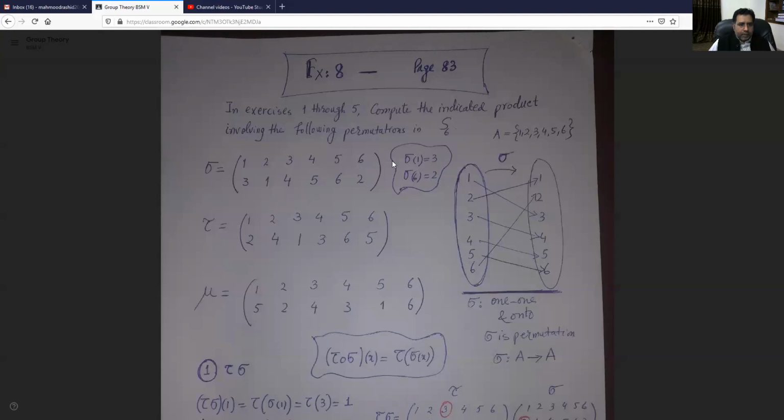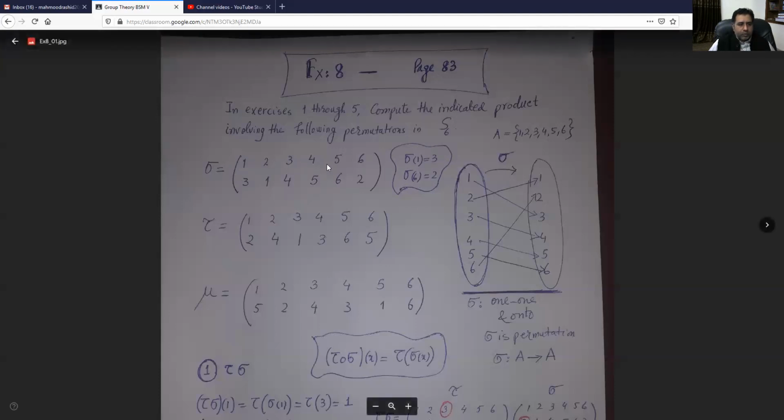So you could also write in this way, image of 1 under sigma is 3. So you see sigma applied on 1 gives you the image 3. So 1 is connected with 3. Similarly, if you look at the last entry, 6 is connected with 2.